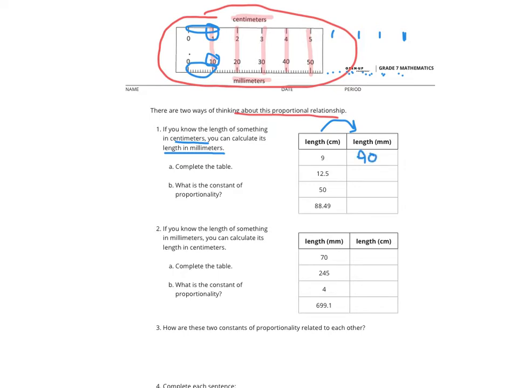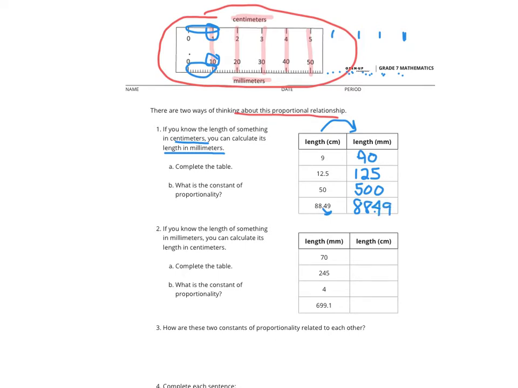If I multiply 12.5 by 10, I get 125. It's nice and easy. All I have to do is move the decimal place. Multiplying 50 by 10, I get 500. Multiplying 88.49, what a strange number. But to multiply it by 10, all I have to do is move that decimal one place. 884.9.